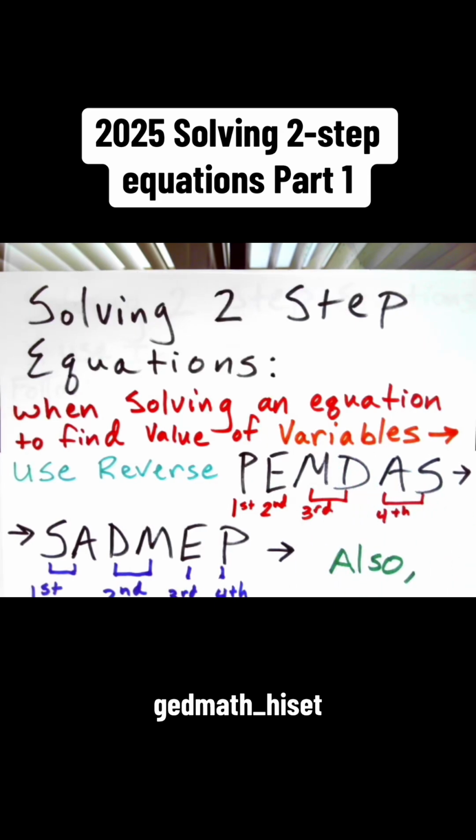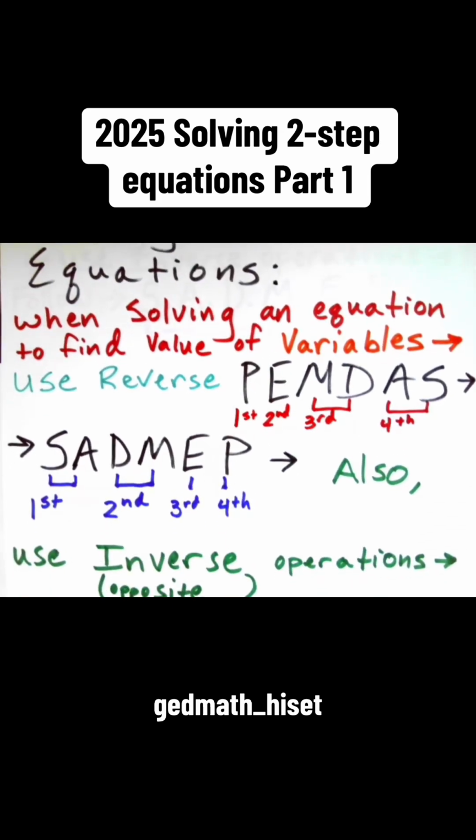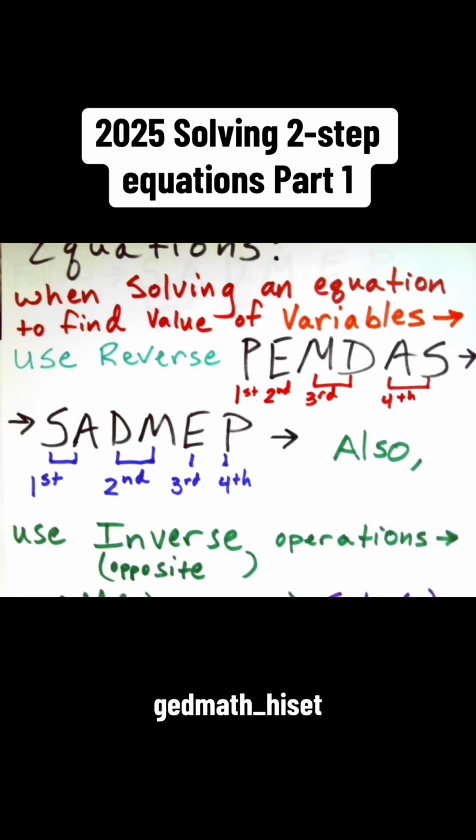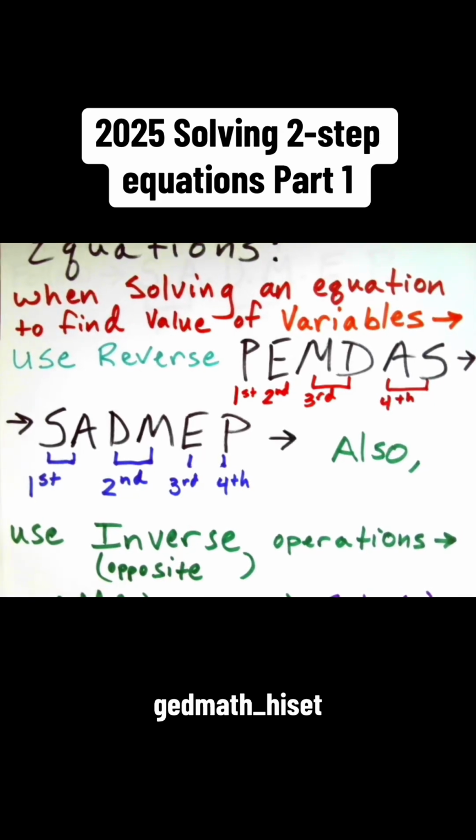Now, when you're solving for variables, I suggest, in order to help you, you go in the reverse order. First, you would do the inverse or the opposite of adding or subtracting. Then you would do the inverse or the opposite of dividing and multiplying.